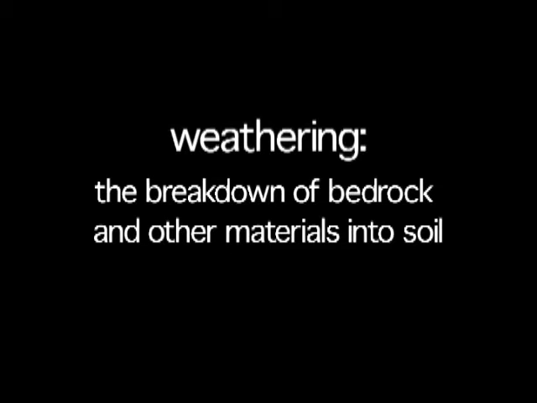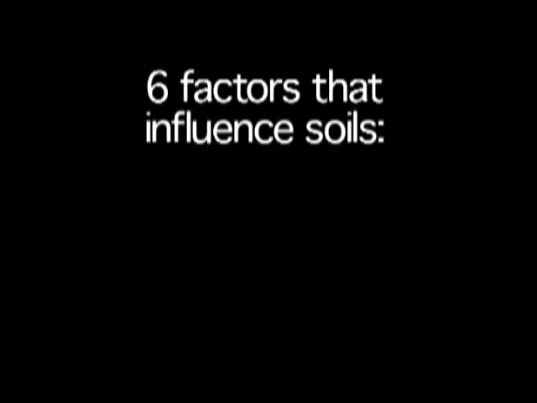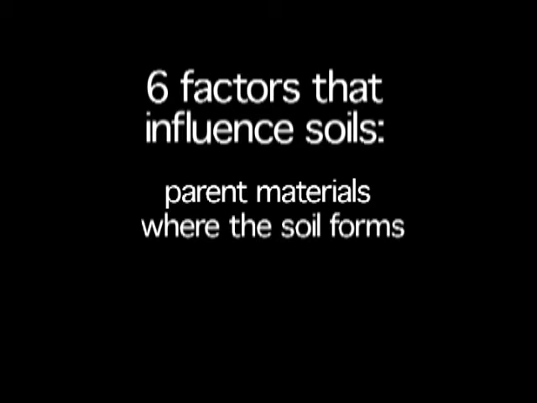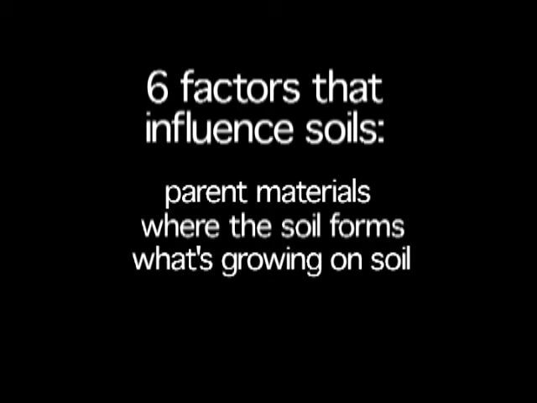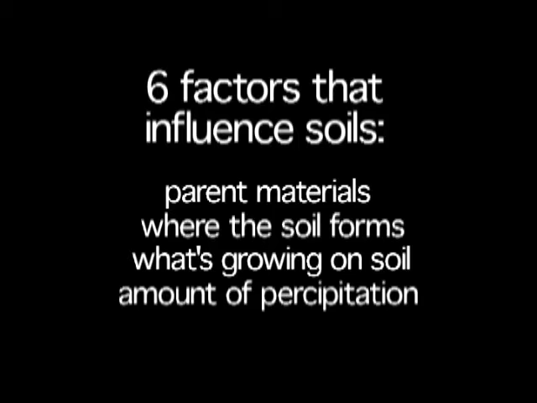Now, soils, again, form essentially in place, and there are 6 things that contribute to the forming of soils. The parent material, what kind of stuff was underneath where the soil is forming, whether it's on a hillside or in a valley. Also, what kind of organic matter is growing on the soil. Is it trees, is it grasses? Again, how much precipitation there is, is it really wet, is it really dry?